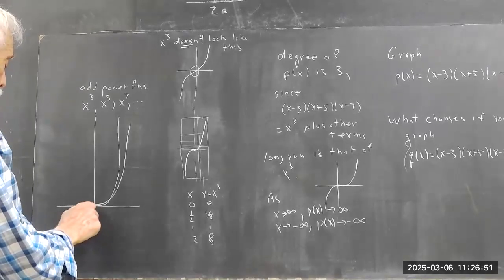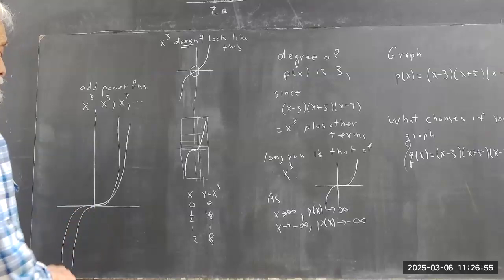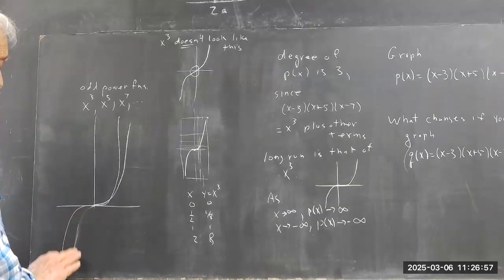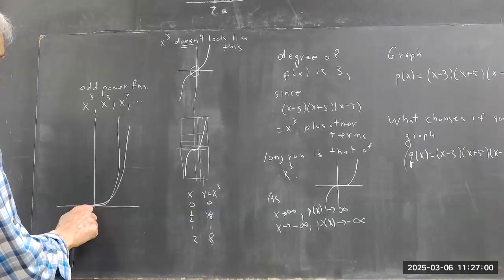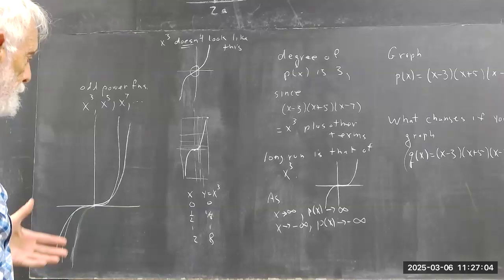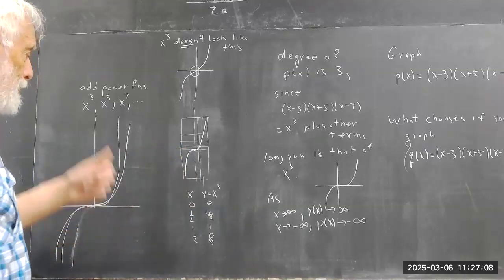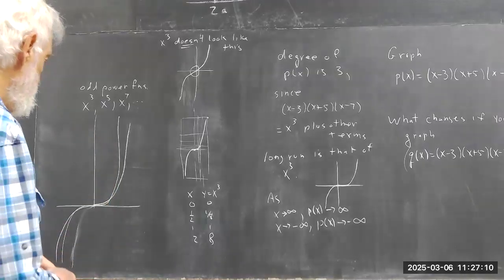Okay, but they all do this. They all look something like this. They all look a whole lot like the x cubed function, except that they can get very flat.